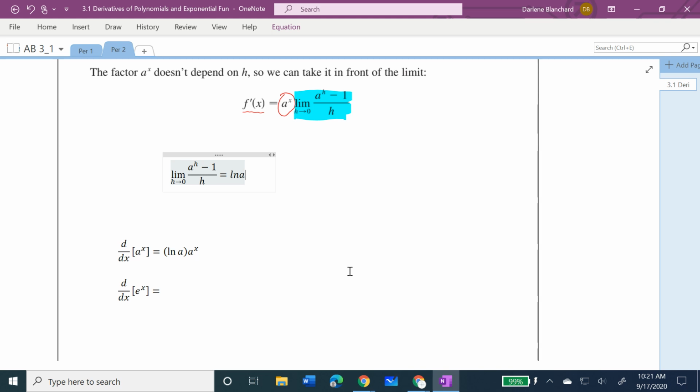Any other base and it's not exponential, it's something weird. We'll leave it there.